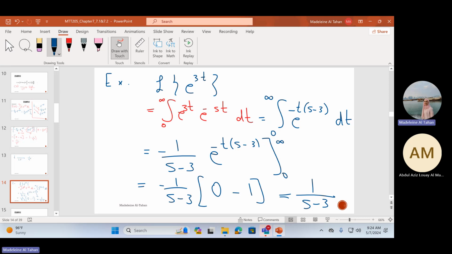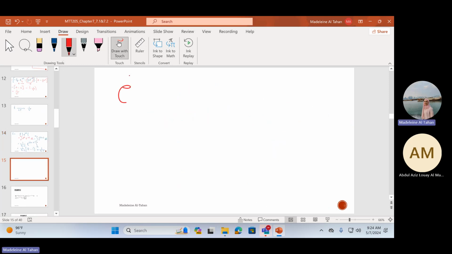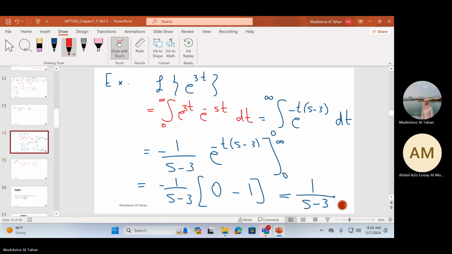So from this, what did we deduce? E power 3t under Laplace transform becomes 1 over s minus 3. Any questions before we proceed, Miss?